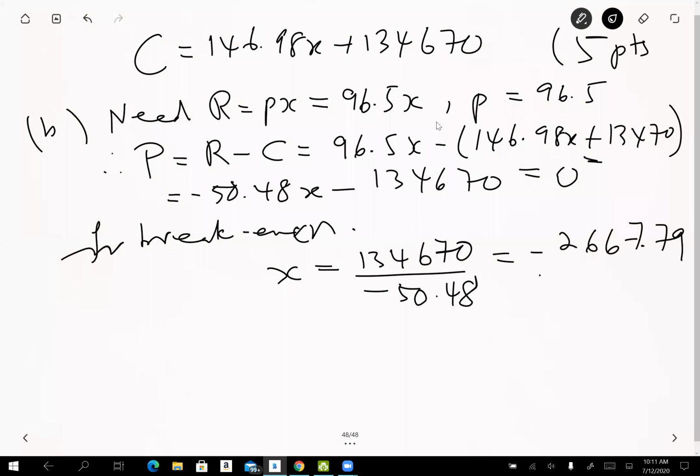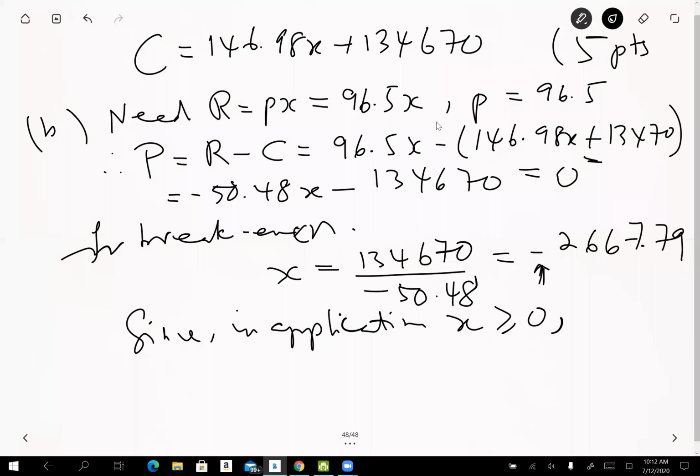Now, you have got a negative value. In real life, in application, X should be bigger than 0 or at least 0. So to break even, how come you produce negative output?